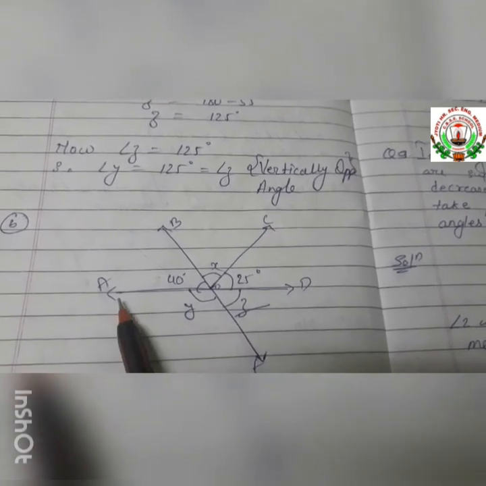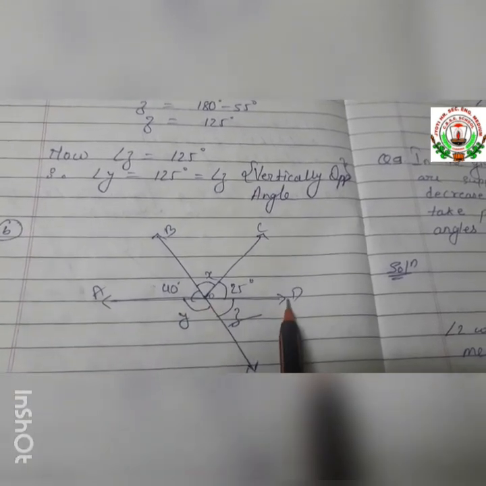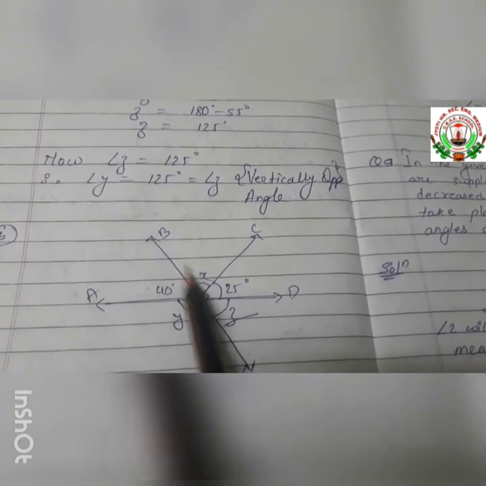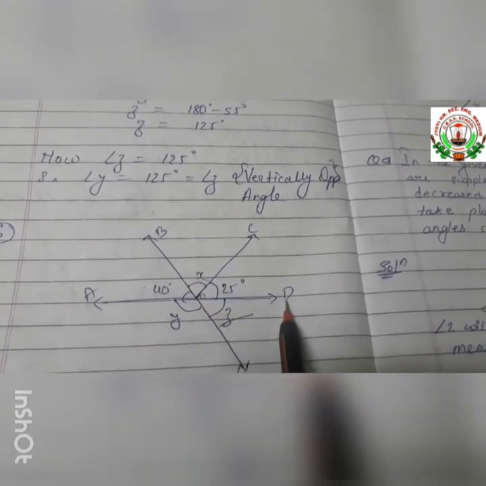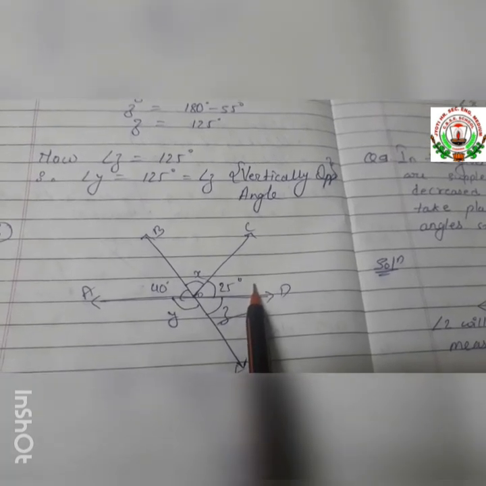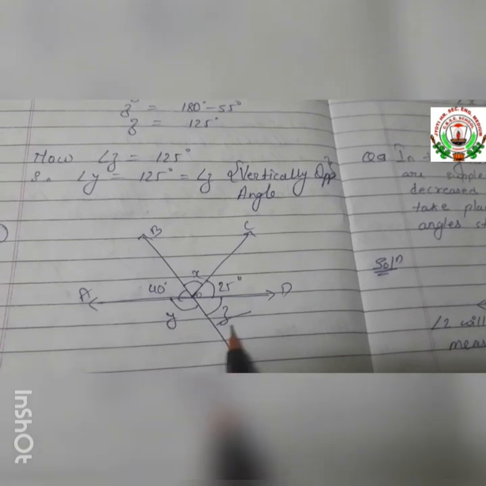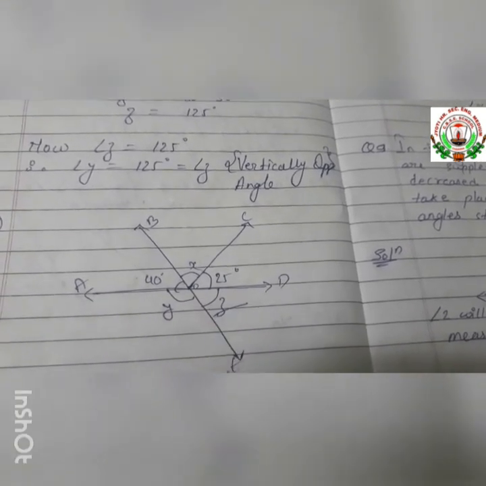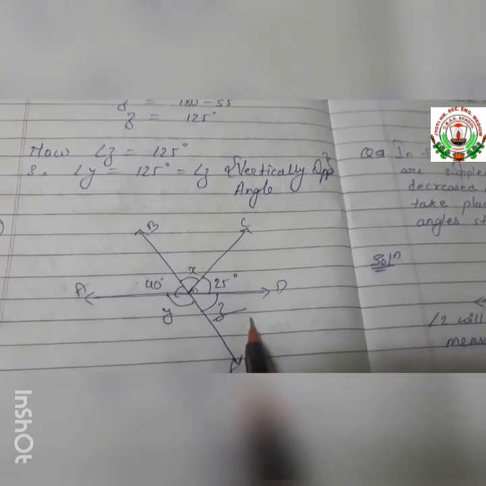So using the linear pair definition in this straight line, angle AOB plus angle BOC plus angle COD is equal to 180 degree. And in the same way angle Y plus angle Z will be equal to 180 degree. That is angle AOE plus angle DOE is equal to 180 degree.